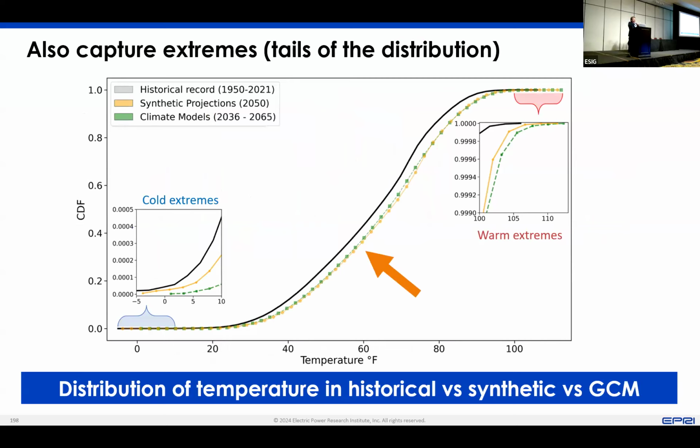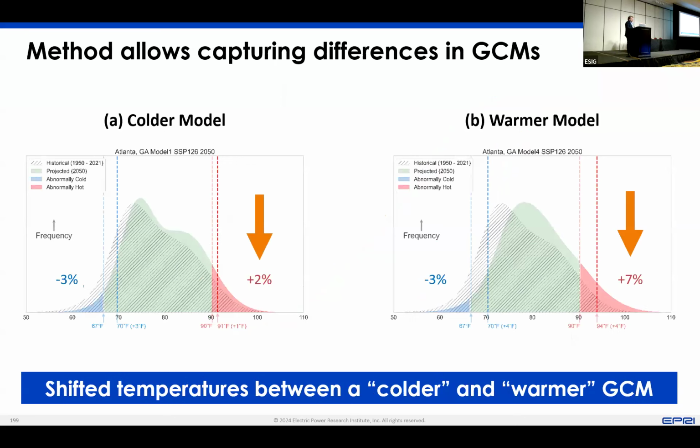And you're also starting to match and get that behavior you want out at the tails. So there are the little inlet plots showing in the colder weather what's happening and how you're shifting more towards warmer, and then the hotter you're shifting out further. So it's matching that. And again, this is just one example, but you can do this with any type of model that you put as input.